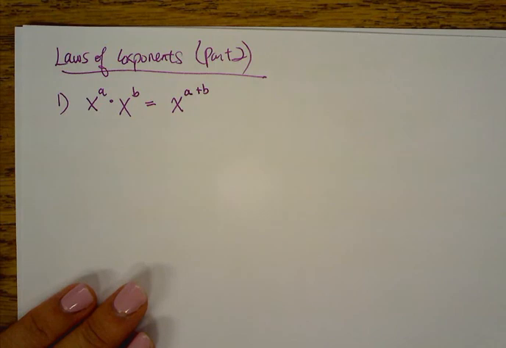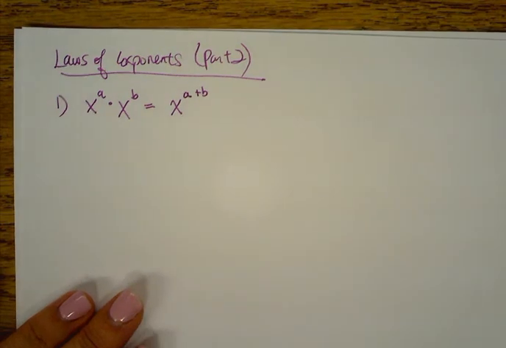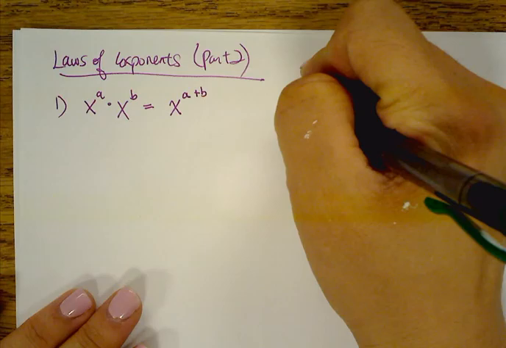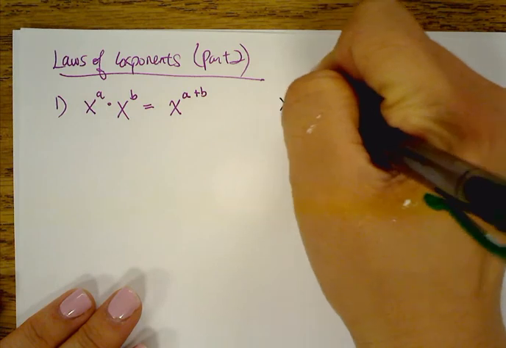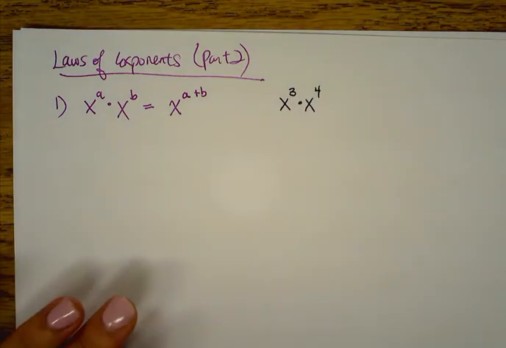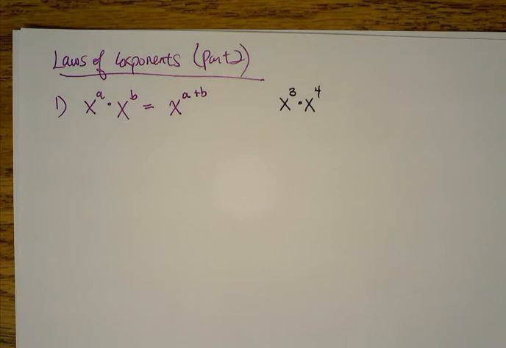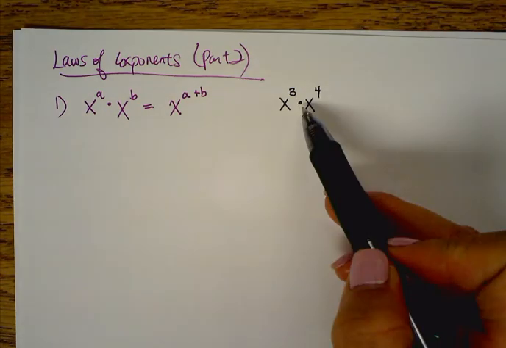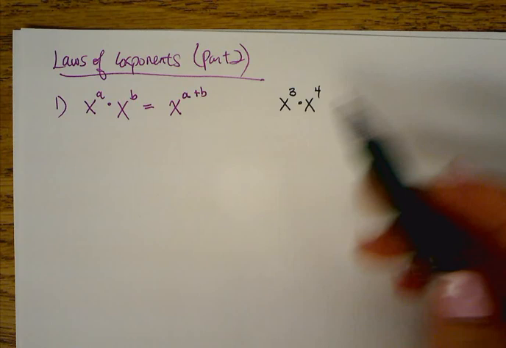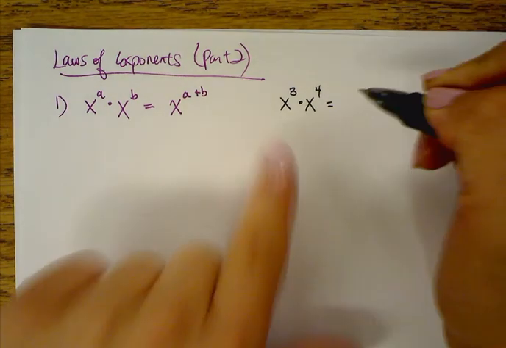Okay, let's try an example to help us understand. x cubed times x to the 4th. Is that x to the 12th? No. But it says multiply right here. But it's the same base. What is x cubed? It's x times x times x.